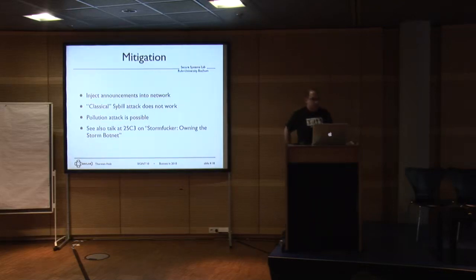There's the typical attack, which is called a Sybil attack, which basically works in this way: we announce a large number of peers. We place those peers in such a way into the network that we are near each of the infected machines. In our case, we injected 2 to the power of 24 fake nodes into the network, so quite a few of them. And they were positioned in such a way that we are near each of the compromised machines. For us, this didn't work because the network itself was too sparse.